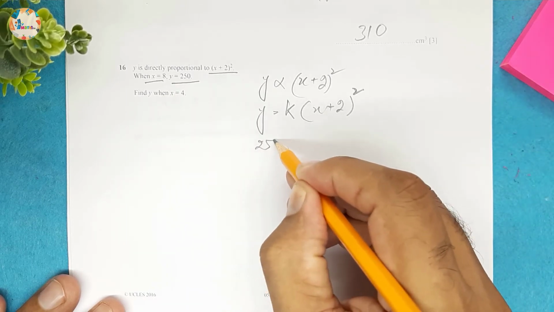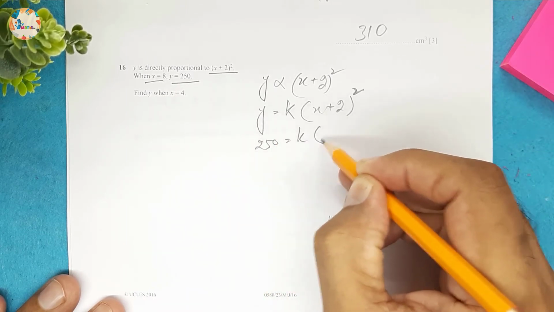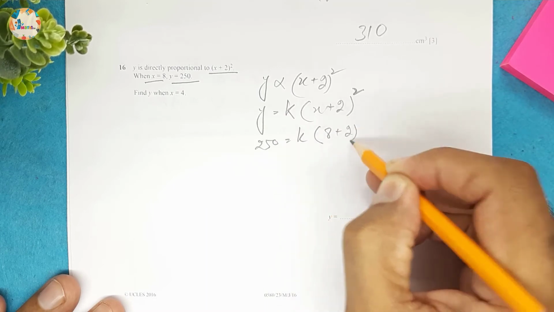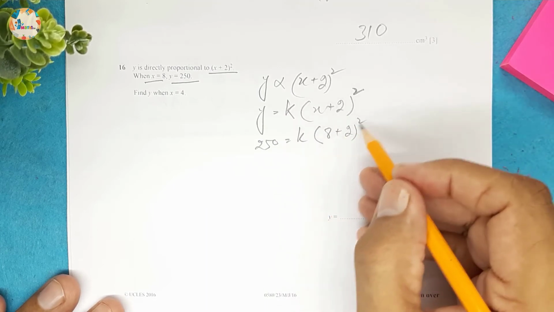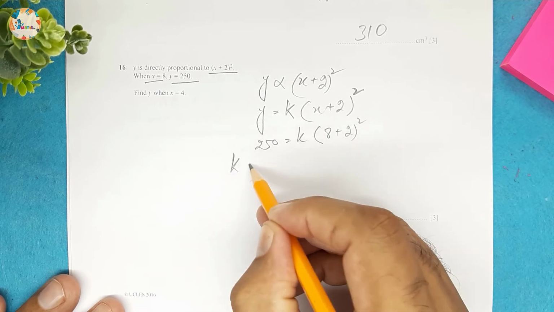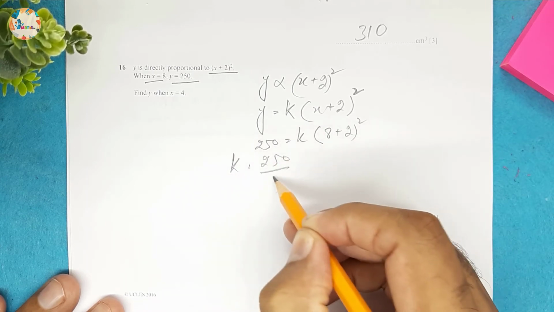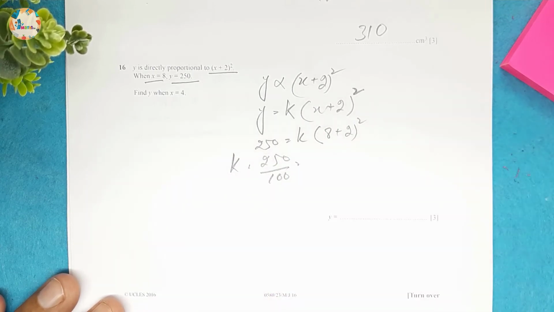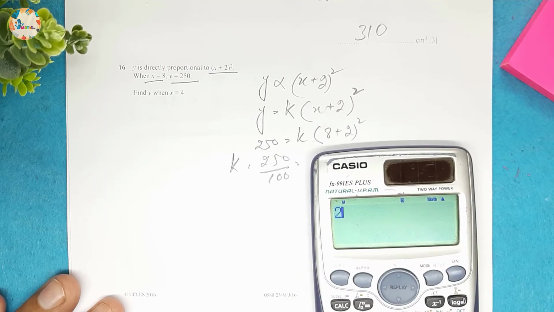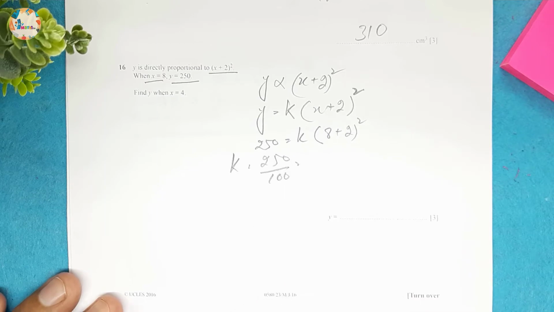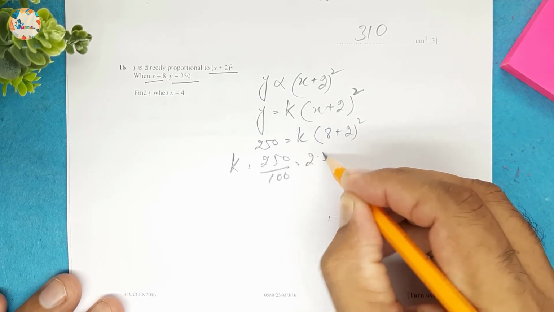So this will be 250, and x is equal to 8 plus 2, so this will be 10 squared. So k will be equal to 250 over 100. 10 squared will be 100. So 250 divided by 100 is equal to 2.5.